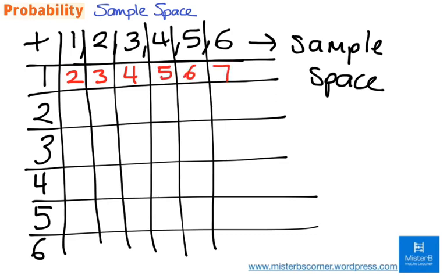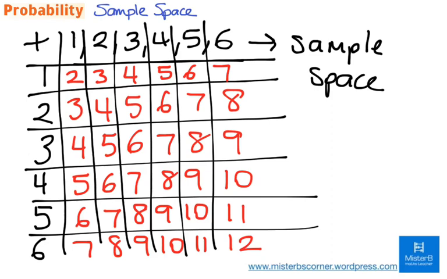And then we're going to have all these boxes filled with the sum of the combinations, like 2 plus 1 is 3, 2 plus 2 is 4, 2 plus 3 is 5, and that's what we're going to have when we complete the additions.